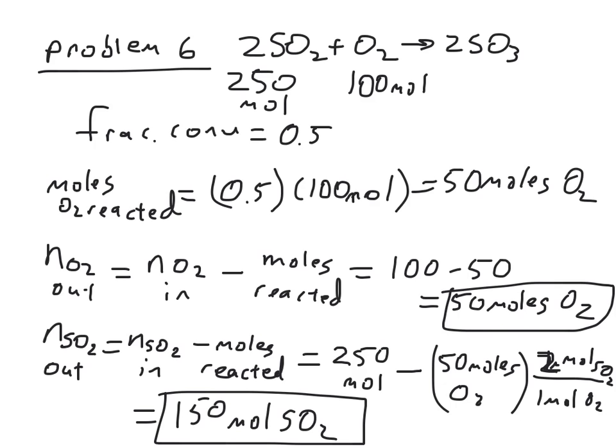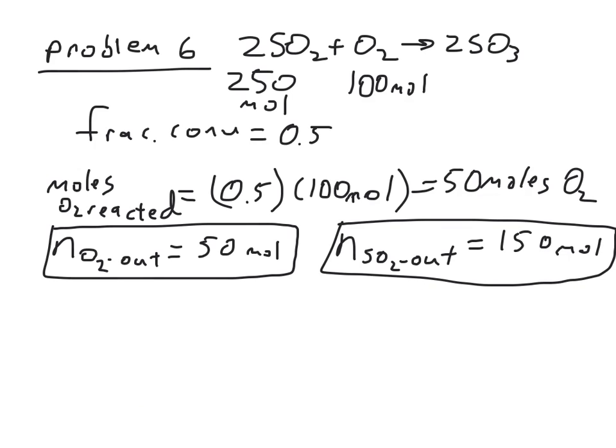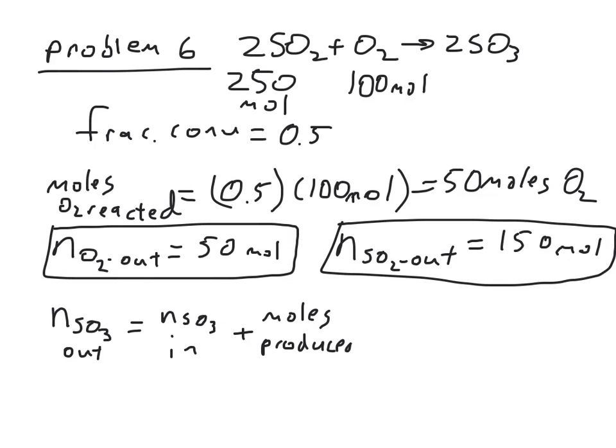Just one last part. We need to find out how much SO3 is leaving our reactor. So we can write out the number of moles of SO3 out. It's equal to the number of moles of SO3 in plus moles produced. In this case, SO3 is a product, so we're actually producing moles.